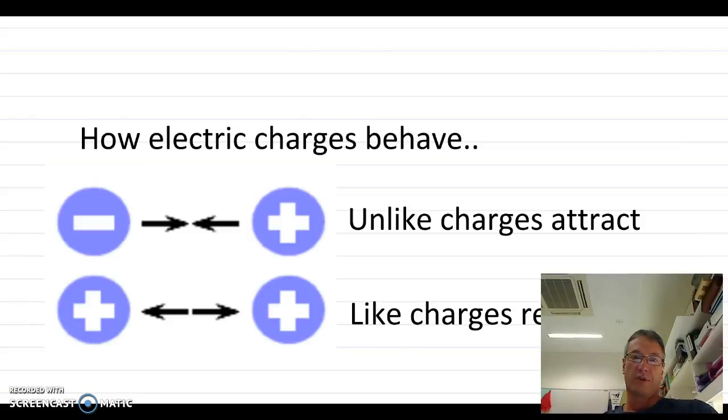This is very important. Charges that are opposite will attract each other, and like charges, or charges which are the same, will repel. So this shows two positive charges which, if brought together, would each experience a repulsive force pushing away from the other positive charge, and the same would happen if you had two negative charges being brought close together.